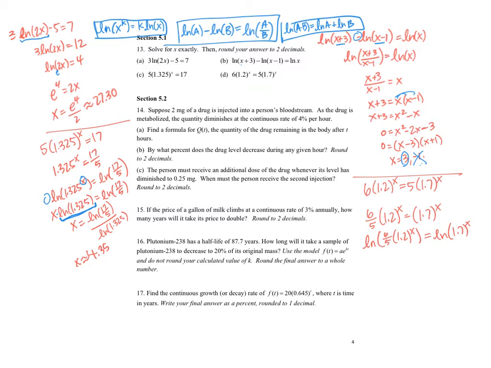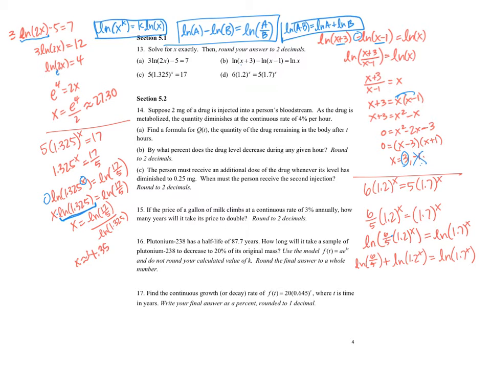I'm going to use this one where I break it up, because I have a product here. The 6/5 is multiplied by the 1.2 to the x. So I'm going to have to use that law of logarithms. So natural log of 6/5 plus natural log of 1.2 to the x is equal to natural log of 1.7 to the x.